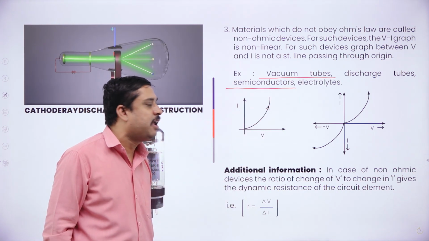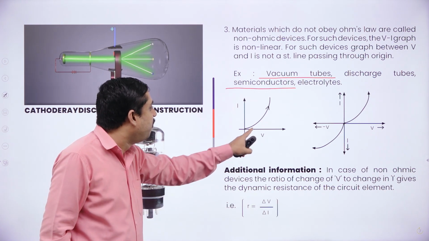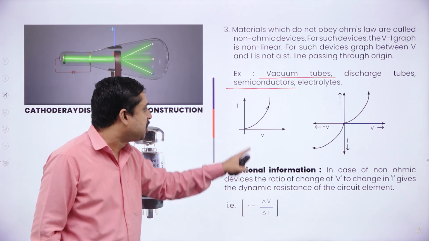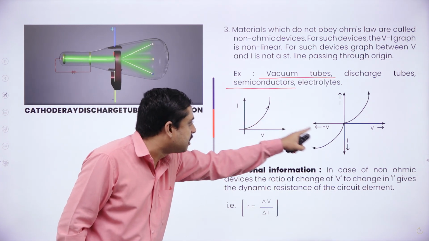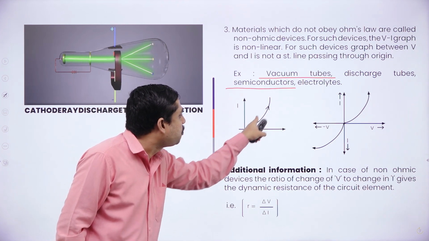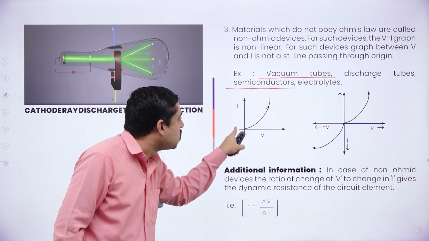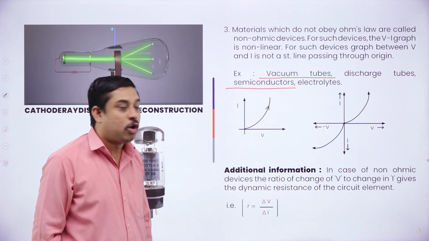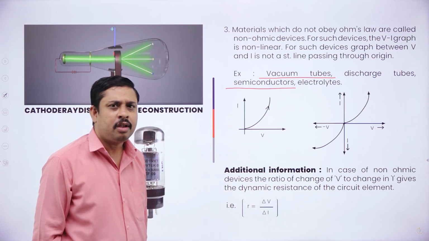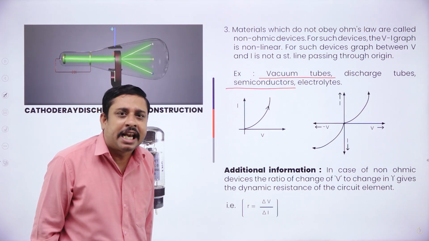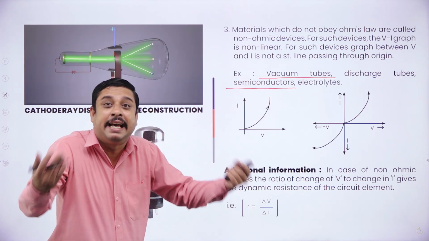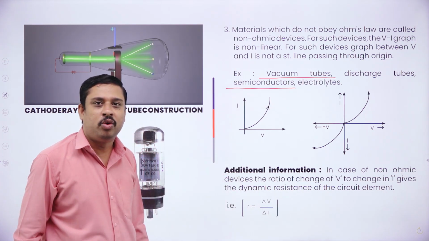Therefore, if you can see, the graph of V versus I is not a linear graph. This is for semiconductors. You see, there is an exponential increase. This is not a linear increase. Again, an exponential graph. So very clearly here, the linear relationship between V and I is disagreed, is broken down.